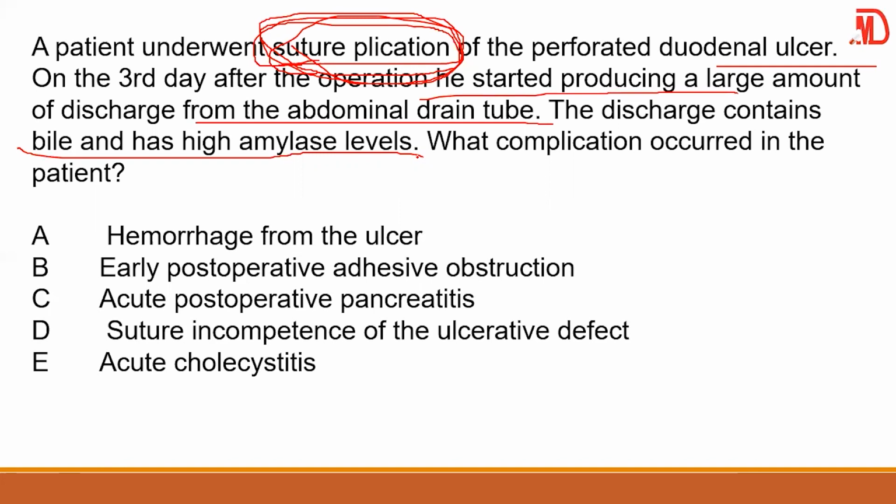Because if it was, perhaps we wouldn't have seen all this discharge coming out from the person. So over here, we will definitely look at a suture incompetence of the ulcerative defect, that's the duodenal ulcer. All right.